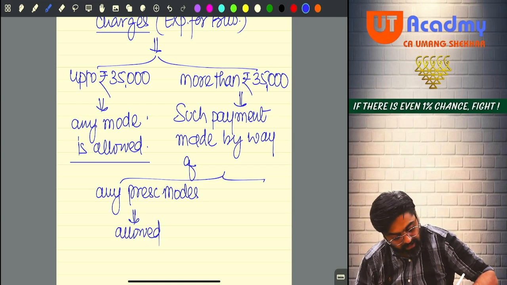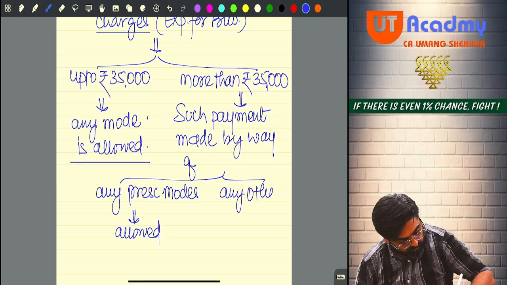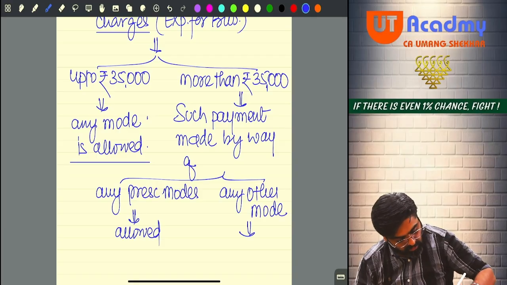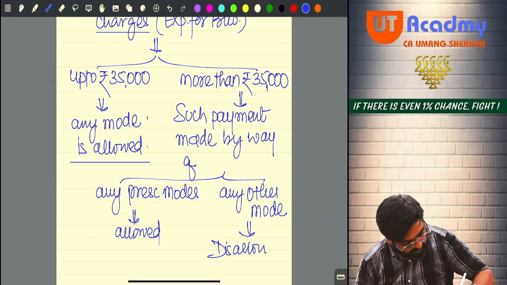And if it is paid by way of any other mode, what did I say? Any other mode, then that entire payment will be disallowed.